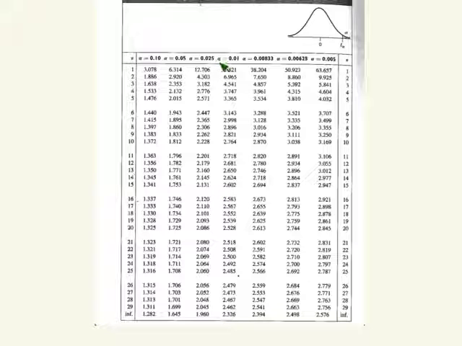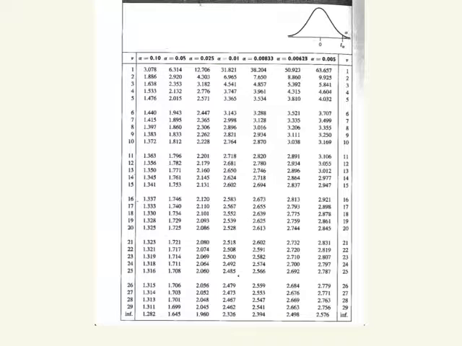So it's going to be somewhere between 0.025 and 0.01. And that's for a one-sided, so it's actually going to be between double that. So somewhere between 0.02 and 0.05.